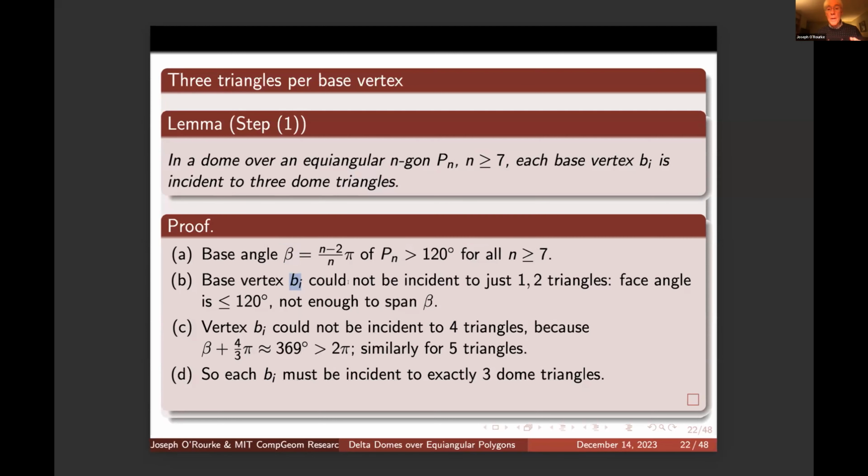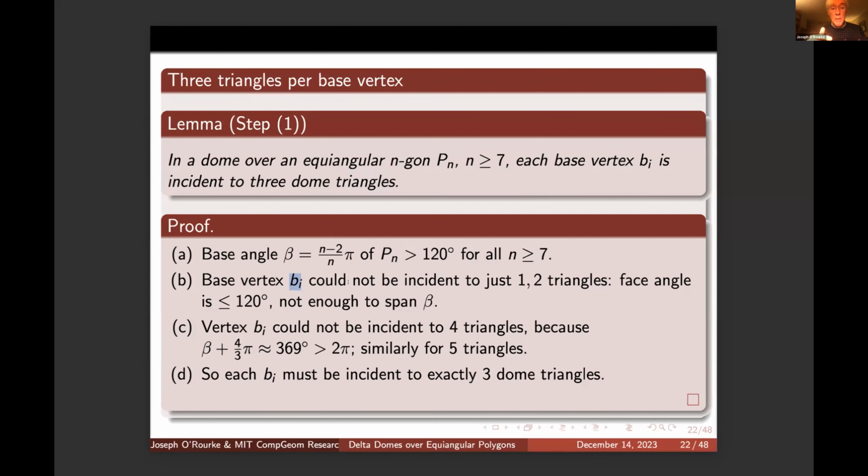Then it does not give you enough angle. Even with 2 triangles, the most you could get is 120 degrees, 2 times 60. And that's not enough to span an angle beta, which is bigger than 120. So it couldn't attach to it. So it can't be 1 or 2 triangles.